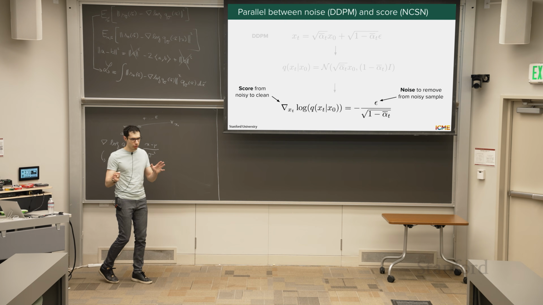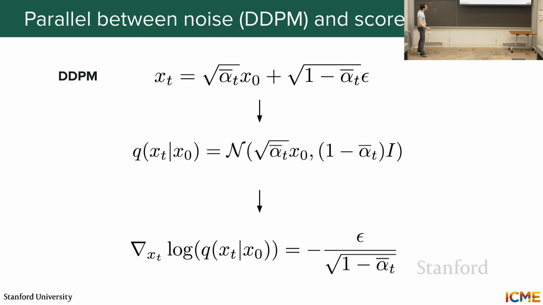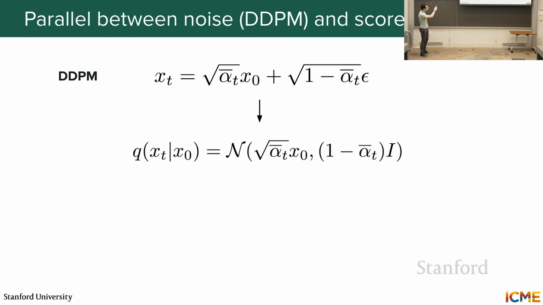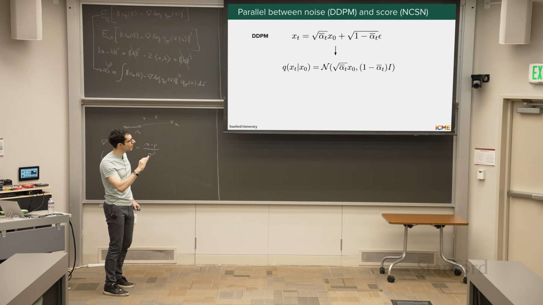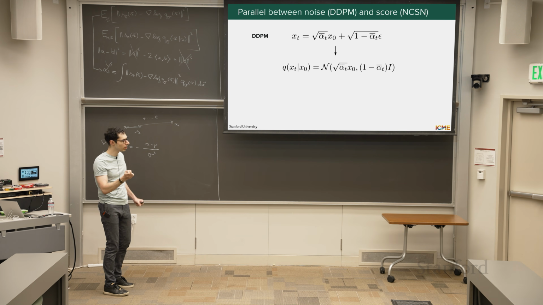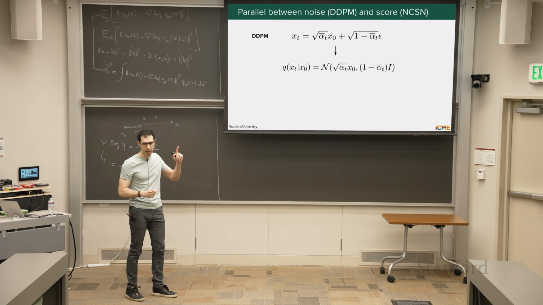It's a noisy image, and the noisy image has the following formula: the square root of alpha t bar times x_0 plus the square root of 1 minus alpha t bar times epsilon. You subtract the mean of the normal distribution, which is the square root of alpha t bar times x_0.